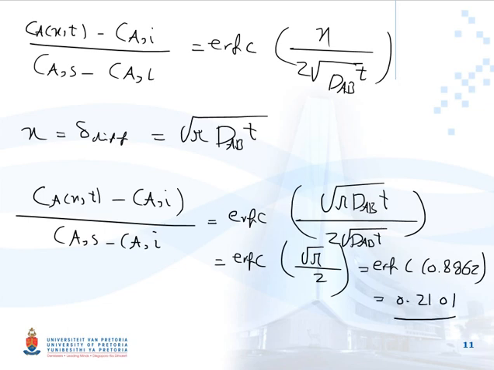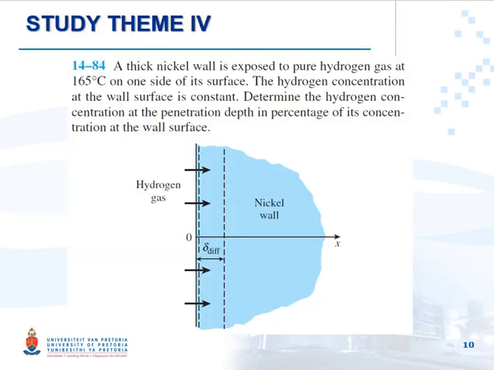Okay, so what does 0.2101 mean? Basically it is what the question is asking: determine the hydrogen concentration at the penetration depth in percentage of its concentration at the wall surface.